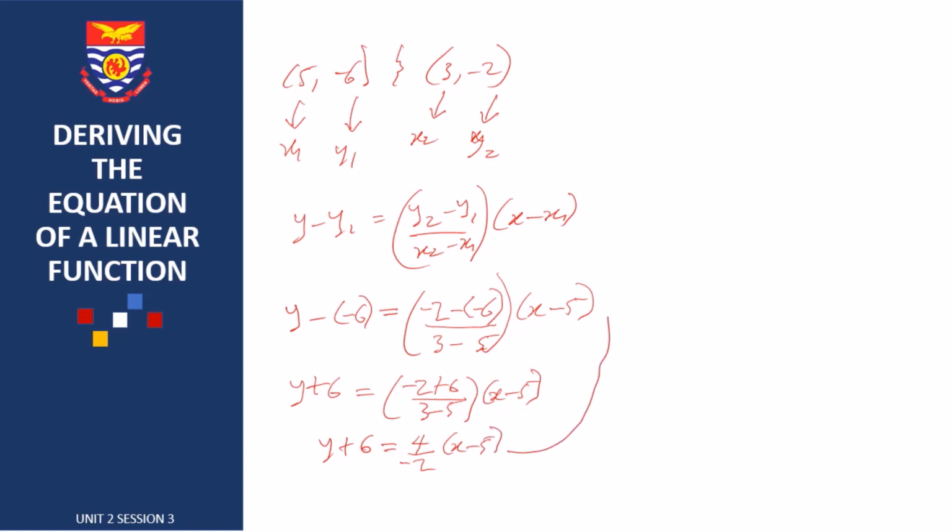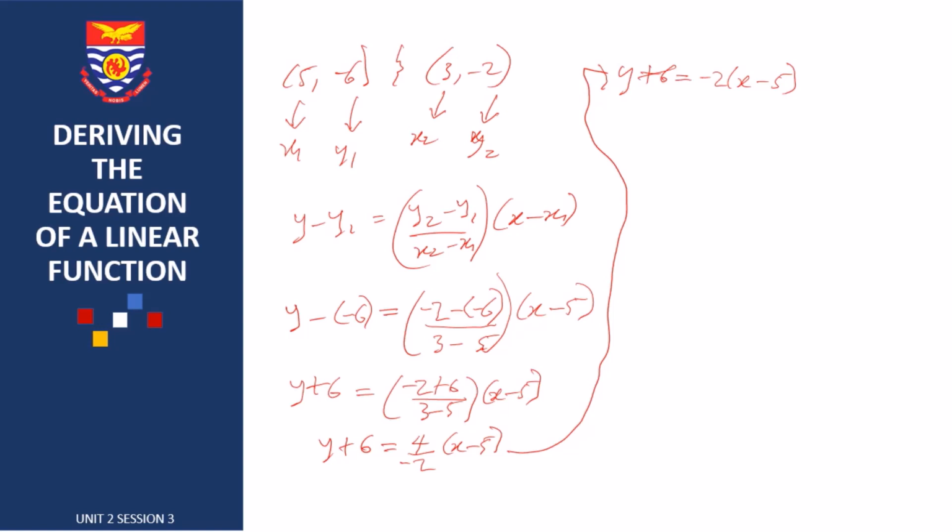Continuing up here, I have y plus 6 giving me 4 divided by minus 2, which is minus 2, times x minus 5.